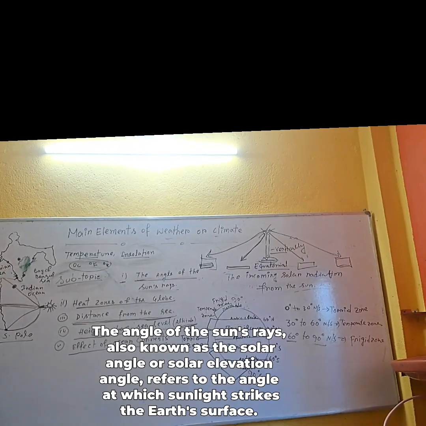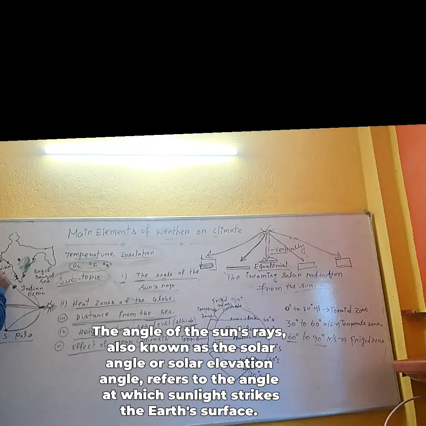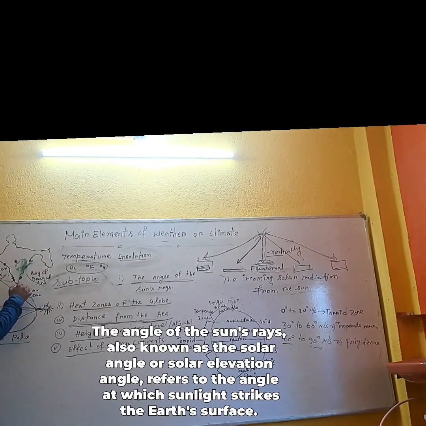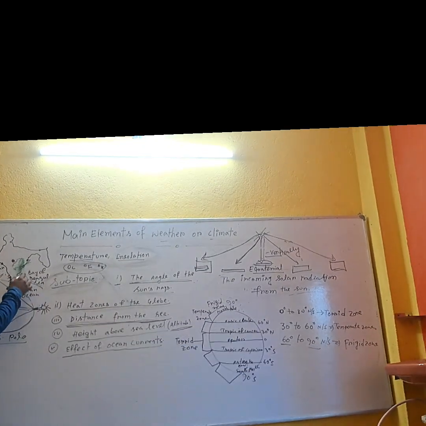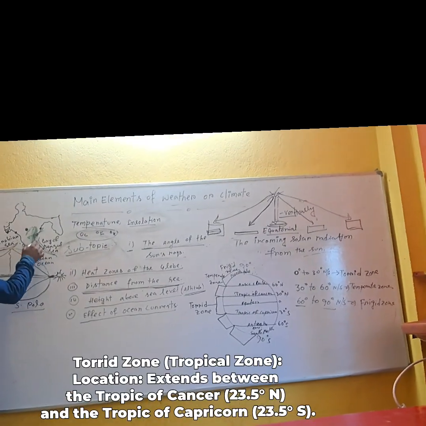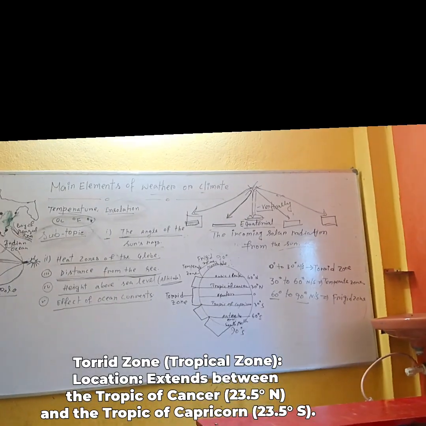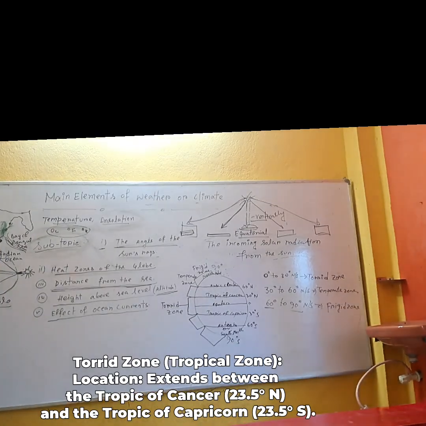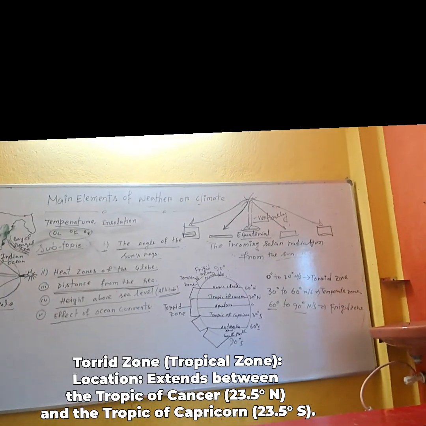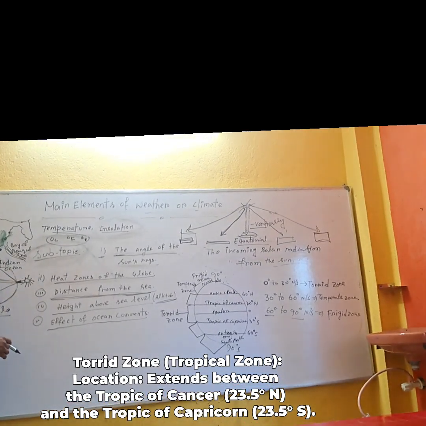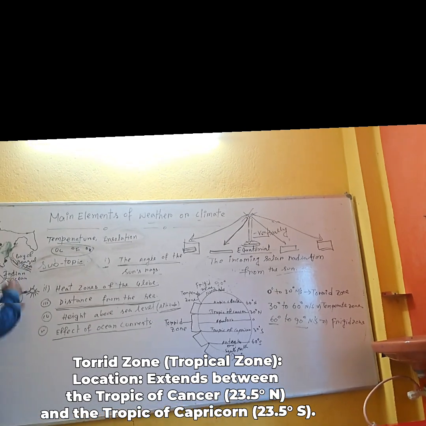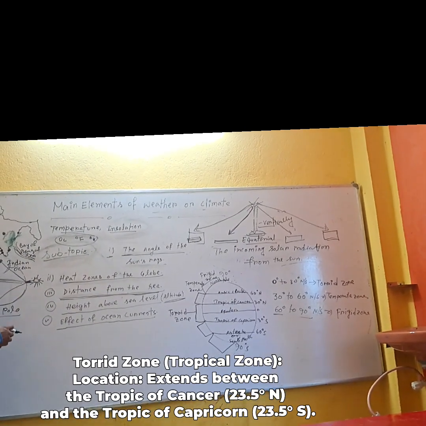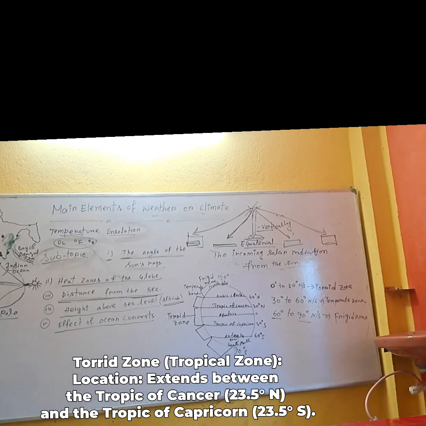Why? Because the air passing over the ocean or seas collects water vapor from the sea, and that water vapor makes that area's climate cool. If you go there, you feel a temperate climate. Temperate climate means not very cool and not very hot.